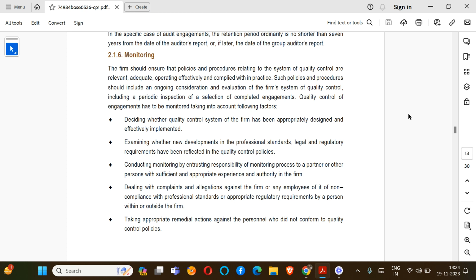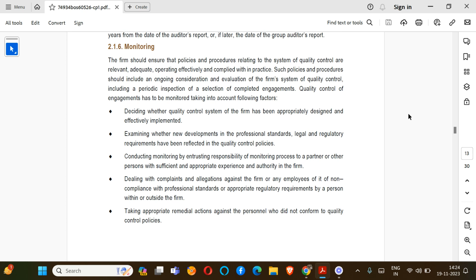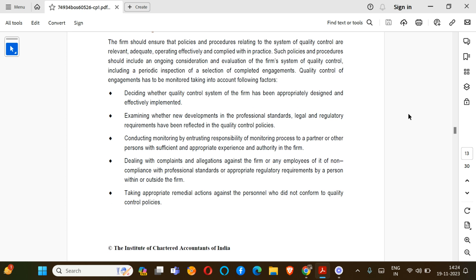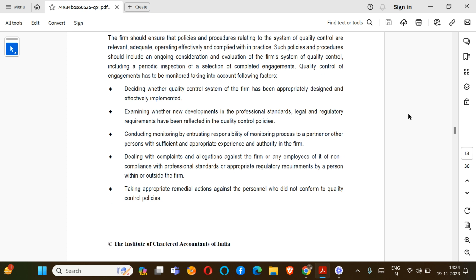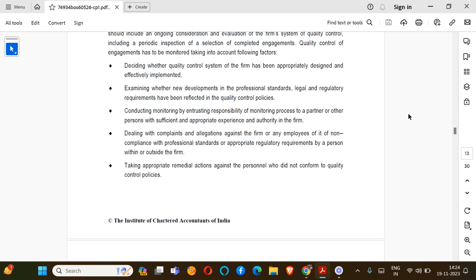So all of that need to be done now. So we have to make changes accordingly in our quality control system also, so that we are able to catch up with the pace. Then we have to conduct monitoring by monitoring process.